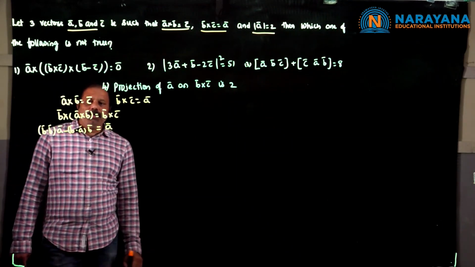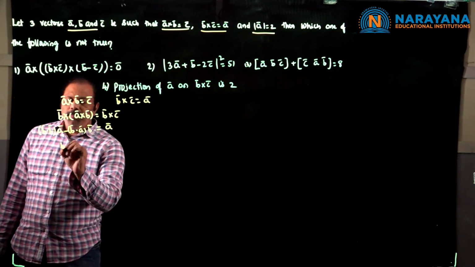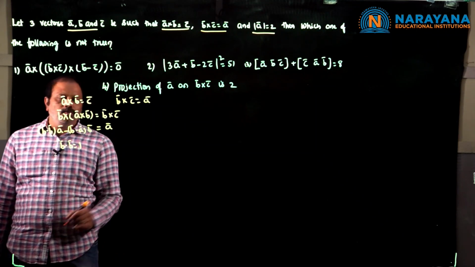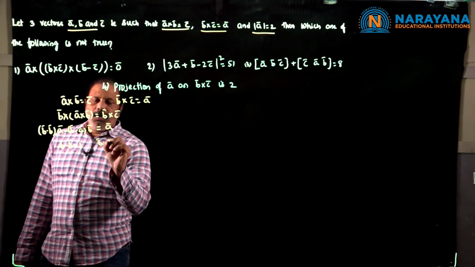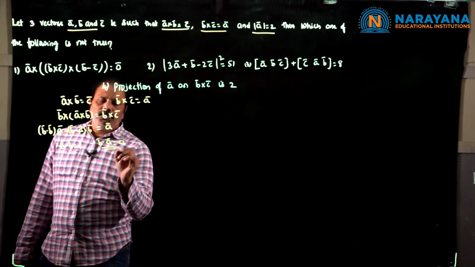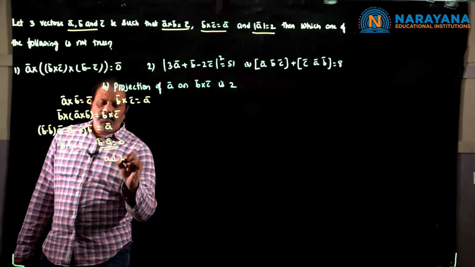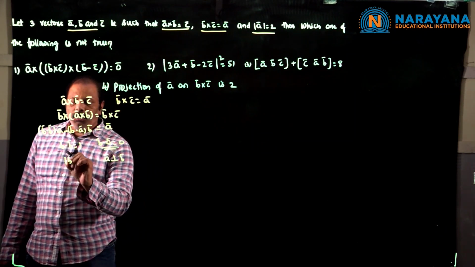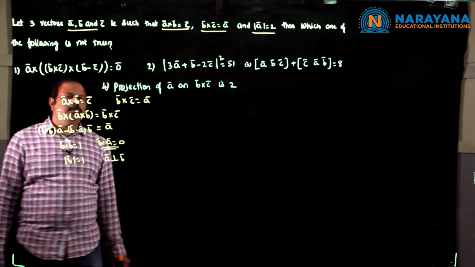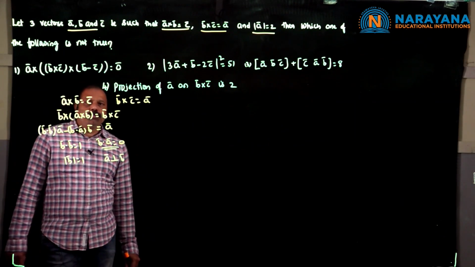By comparing respective components, b bar dot b bar is equal to 1 and b bar dot a bar is equal to 0. From this, a bar is perpendicular to b bar and modulus of b bar is equal to 1.